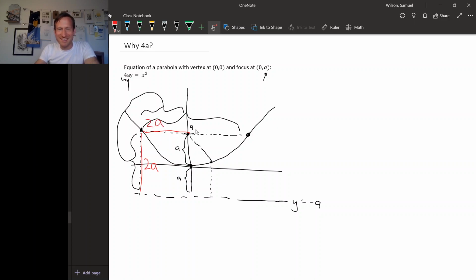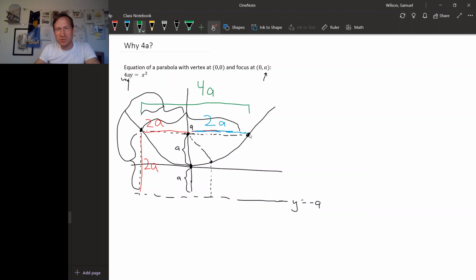Well, look, this is symmetric about the middle of it, so this blue distance on the right is the same as the red distance on the left. That's also 2a. And if you add them together, the distance between these 2 points is 4a. So that's what the distance 4a is.